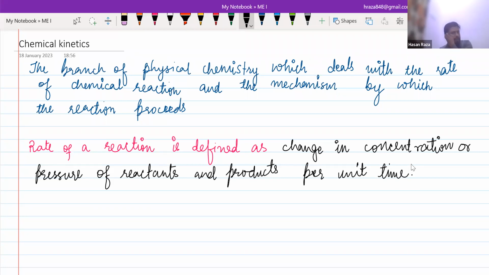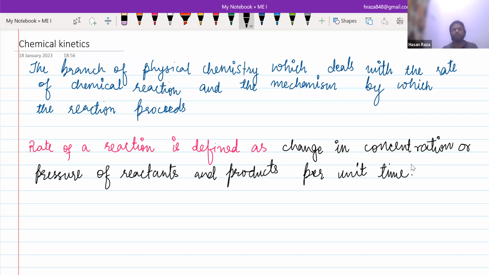That means when you start a reaction at T equals 0, the concentration of reactant will be something, but after some time it will be decreasing. So the change in concentration of reactant upon the time taken to change, that is called the rate. Or if you talk about the product, before starting the reaction at T equals 0, you will have zero concentration of product because the reaction is about to start.